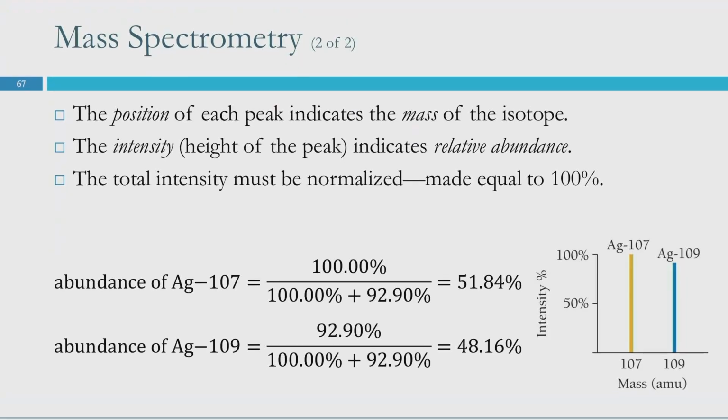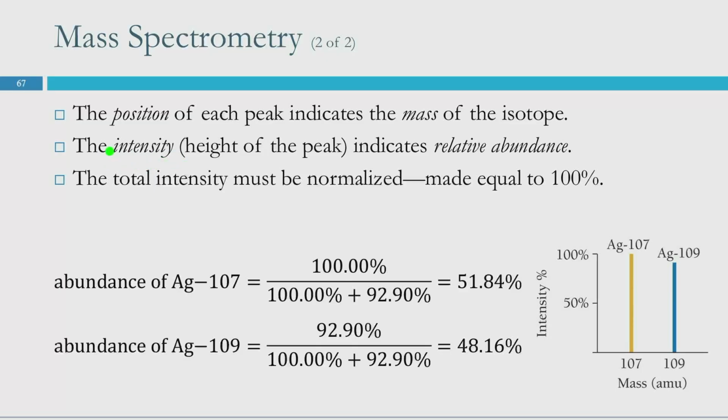So what we might see in a plot of a mass spectrometer, if we put in silver, is peaks. The position of the peak indicates the mass of the isotope. So our x-axis for this plot, a very simple plot, is mass, in AMUs: 107 and 109. Realistically, it's more complicated than just mass, but mass is good enough for now.